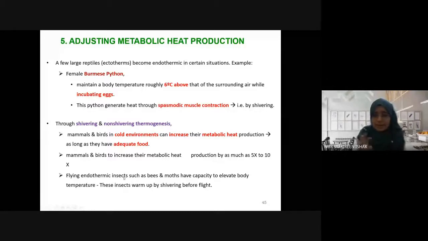Okay, flying kan akan menyebabkan badan tu exposed to cold temperature, right? Okay. So to warm up the body, the insect will increase muscle contraction. Okay, shivering. So shivering before flight. So this is to increase the insect's body temperature.